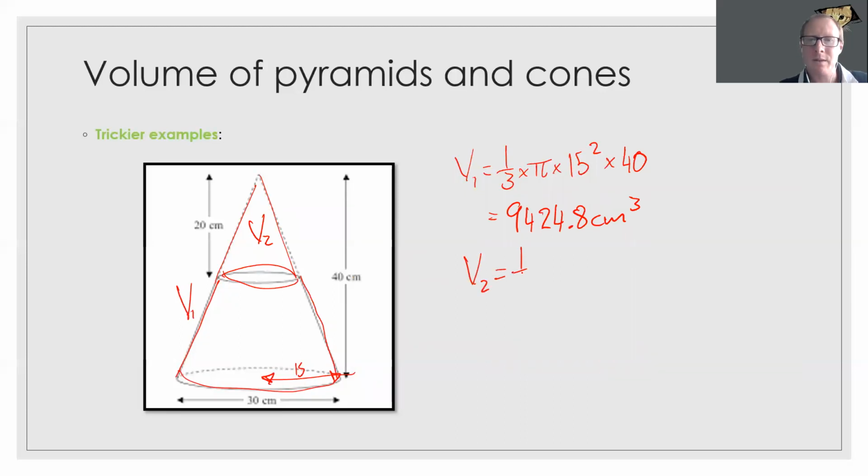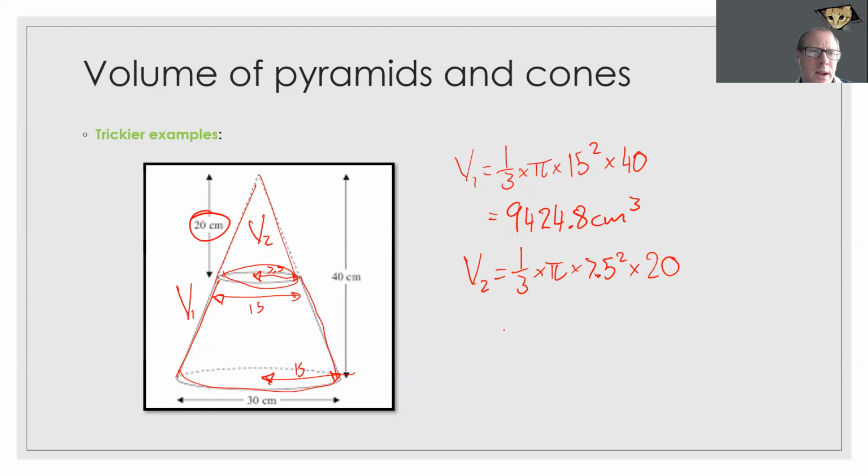Now, same rule, 1/3 times pi times. Now, since we're halfway up, this whole length across here is 15. So halfway across, I should probably draw that arrow up a little bit up here, is 7.5. Okay, and then our height is 20.